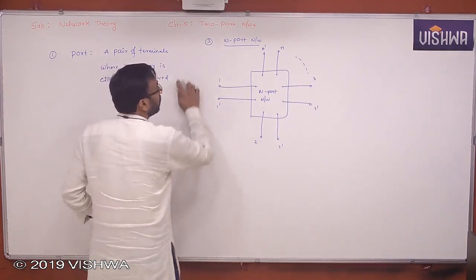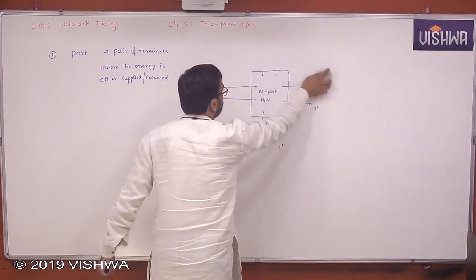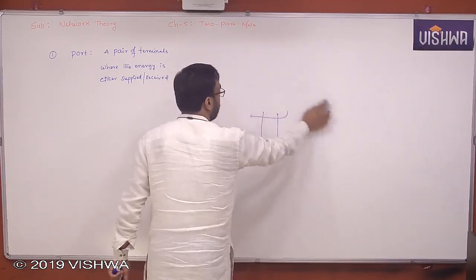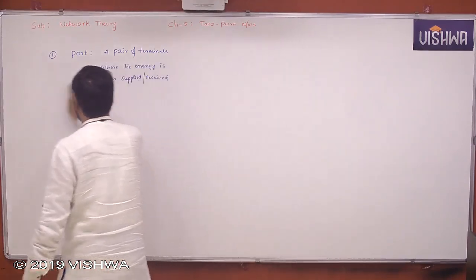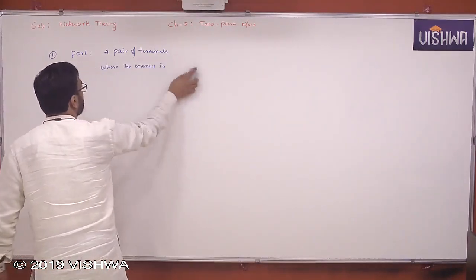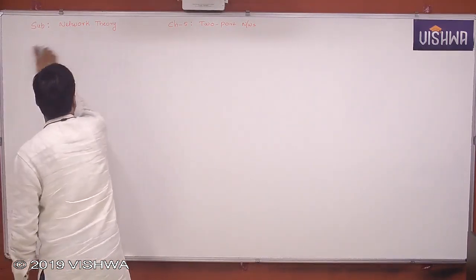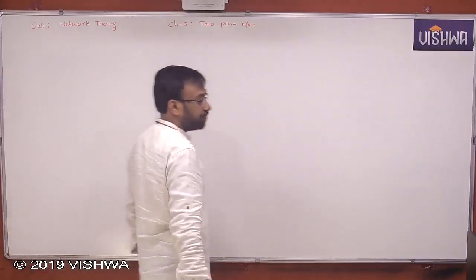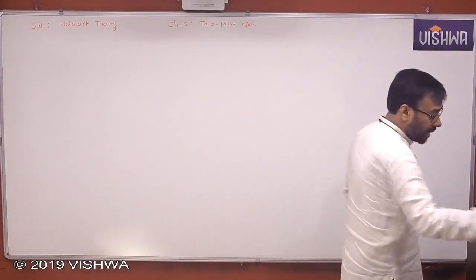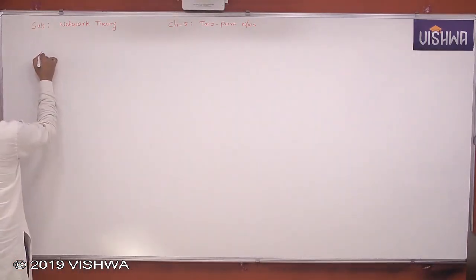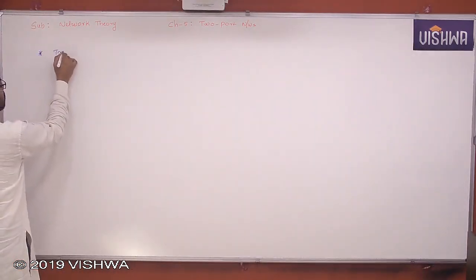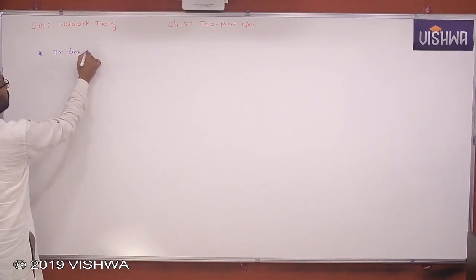Well, now let's come to the lumped representation of two-port networks. I take an example of a transmission line. The transmission line can be represented by transmission line modeling.